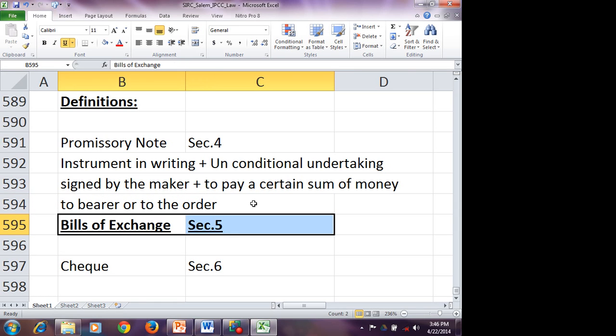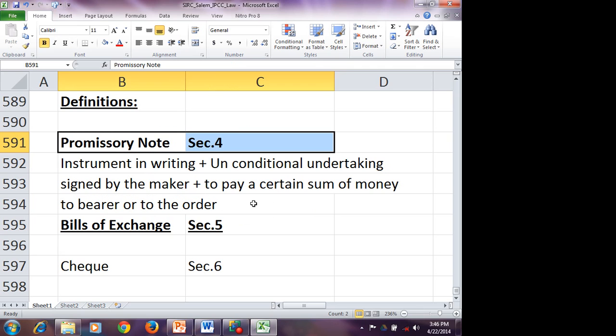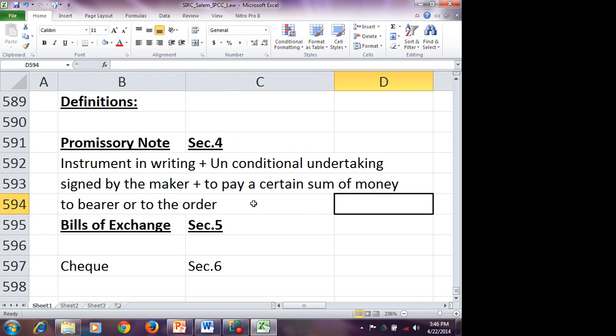So the definition is very, very exhaustive and it contains all possible things. First of all, it must be in writing. No oral thing can be considered as a promissory note. The instrument must be unconditional. There is no condition attached to it. And it is basically an undertaking, which means it is drawn by a person who has an obligation to pay money.